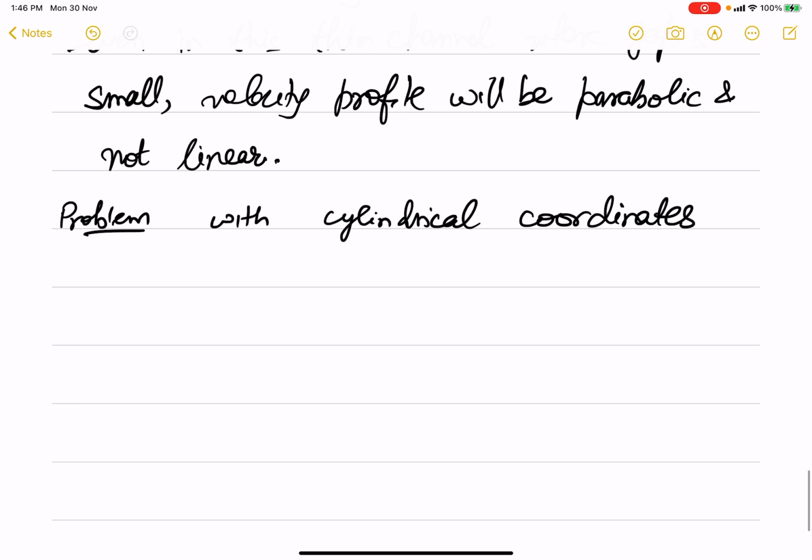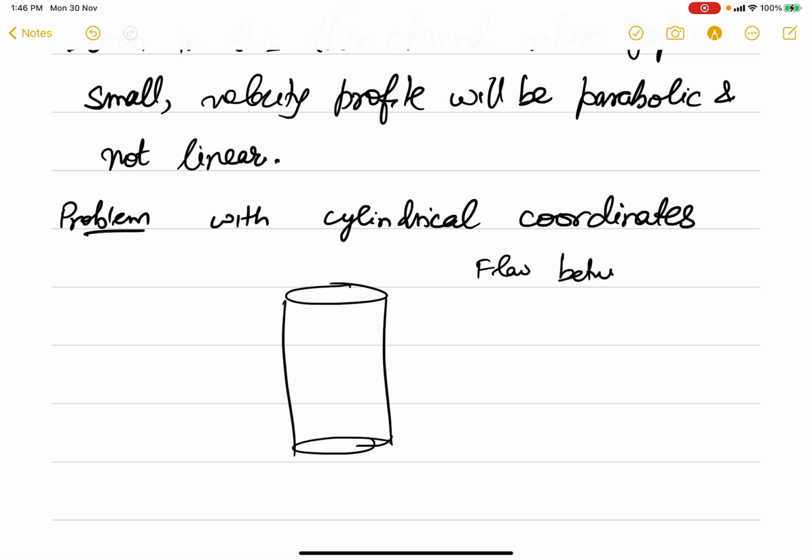So let's look at a problem which is a problem of flow between two concentric rotating cylinders.